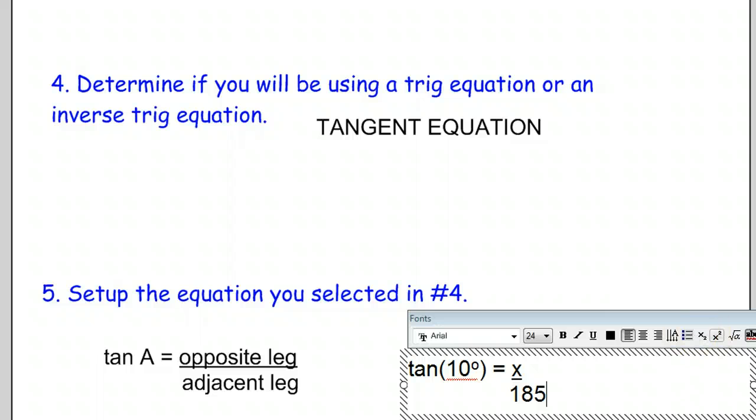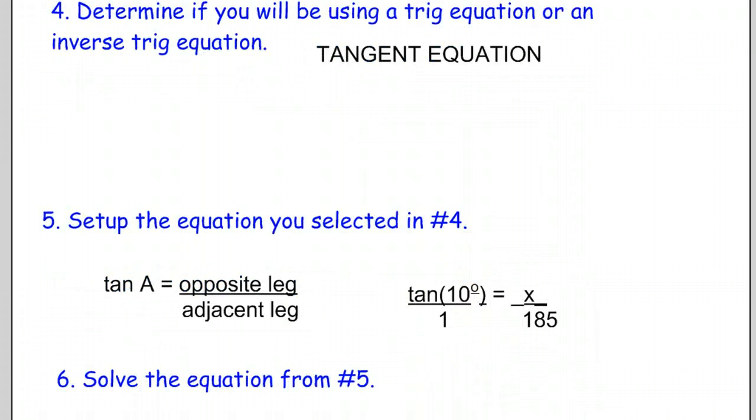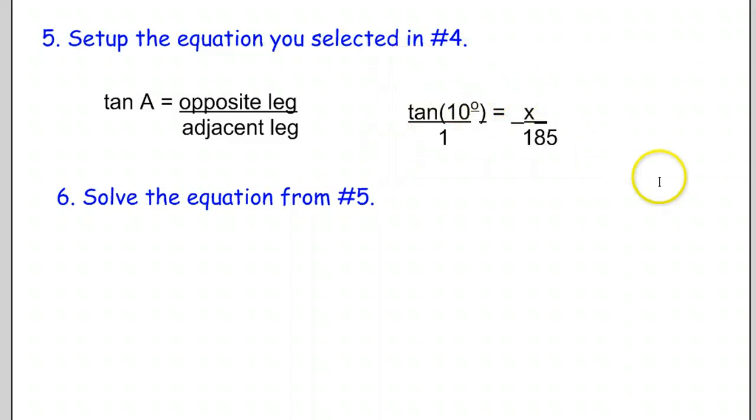You can use the circles to tell you what operation to do to get x by itself, but we're going to use algebra or proportions. We set up the proportion tangent of 10 degrees over 1 is equal to x over 185, and we cross multiply and then divide to get our answer.